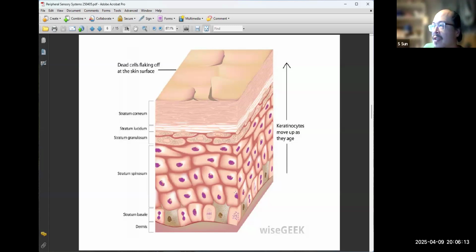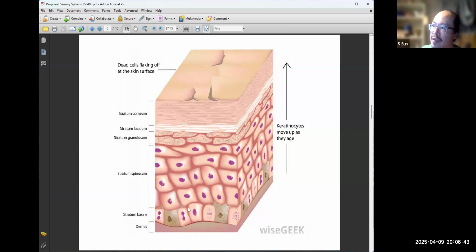They push them up. When they get pushed up, they lose the blood supply because the epidermis does not have blood flow, does not have capillaries or blood vessels going through. The closest source of oxygen and glucose comes from the blood vessels in the dermis.